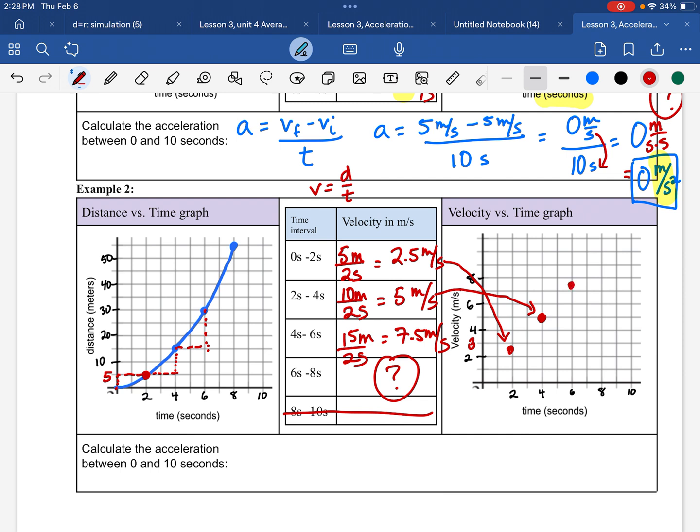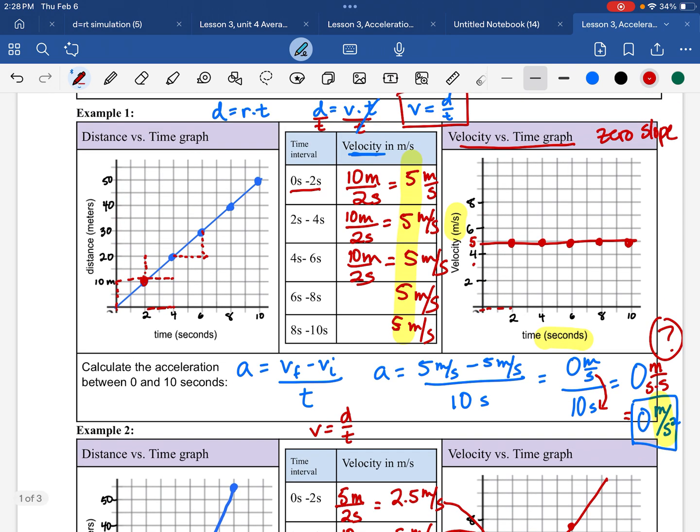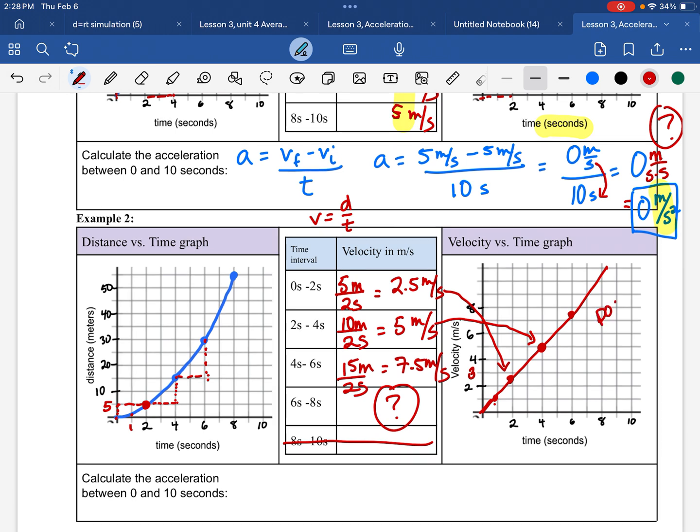And then you're going to graph yours that you figured out for 8 seconds. Now, we can go back down. Let's see, what about 1 second? Well, we didn't calculate that, but we can see on the graph, here is 1 second. It looks like 1 second was going to be somewhere around 1 meter per second, right? So notice here, if we connect these dots, now we get a line that has a positive slope.